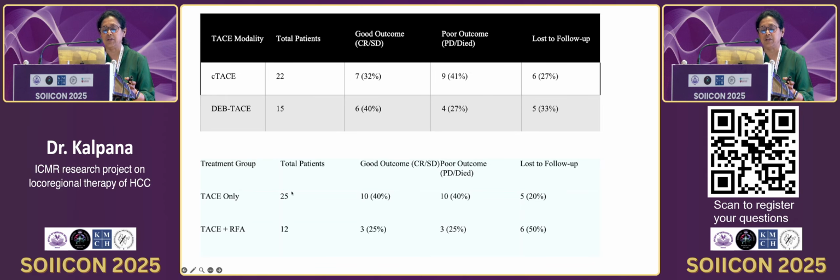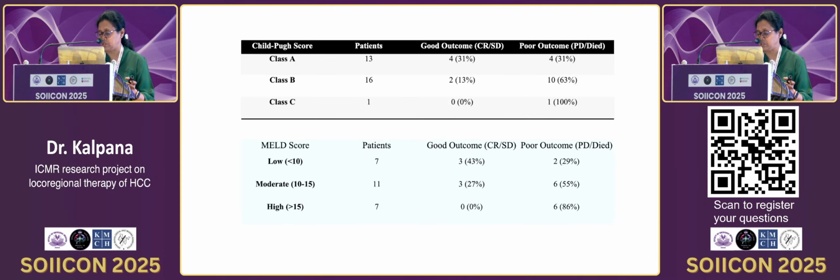And when we compared only TACE with RFA, the good outcome was seen in 40% of TACE alone, and RFA did not add much significant improvement to these patients. But the study is still ongoing, and so we should wait for the next year for the actual results.